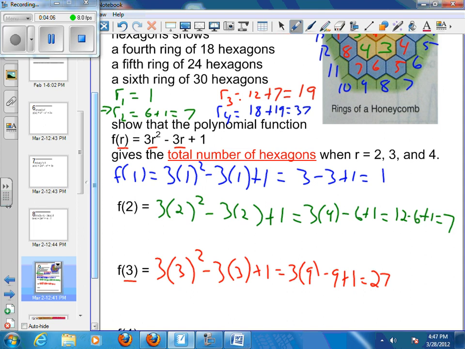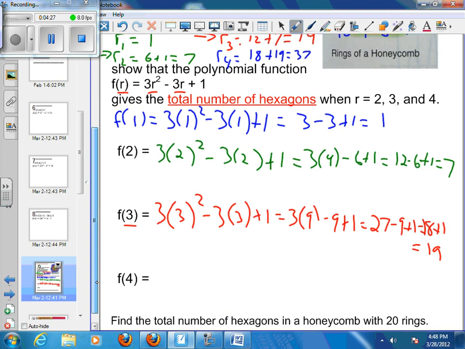So that's going to be 27 minus 9 plus 1. And 27 minus 9 would be 18 plus 1, which gives me 19. And if I look up above, my ring 3 was 19 whenever I counted them all up, and my function gave me a 19 also. So again, so far I have proved this completely correct.